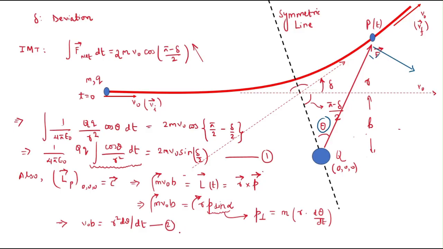Now from this second relation we can find out dt by r square, and then we can put that value in our first equation. So let us do that. Therefore we get 2mv naught sine delta by 2 equal to 1 upon 4 pi epsilon naught q integral cos theta multiplied by, now dt by r square becomes d theta upon v naught into b.